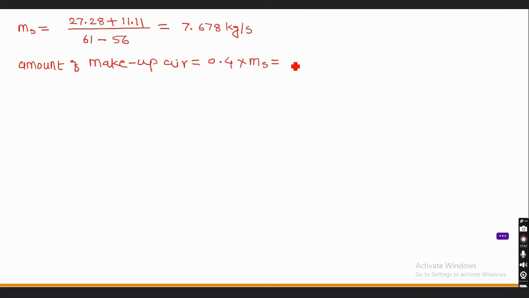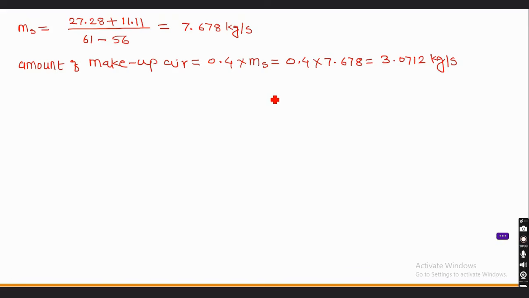So 0.4 into 7.678 comes out to be equal to 3.0712 kg per second. This is the amount of makeup air.